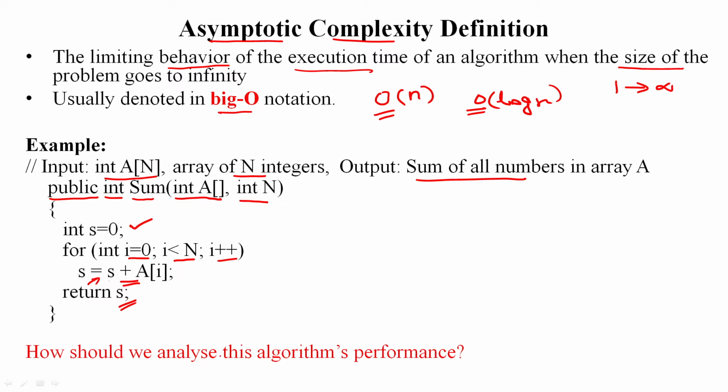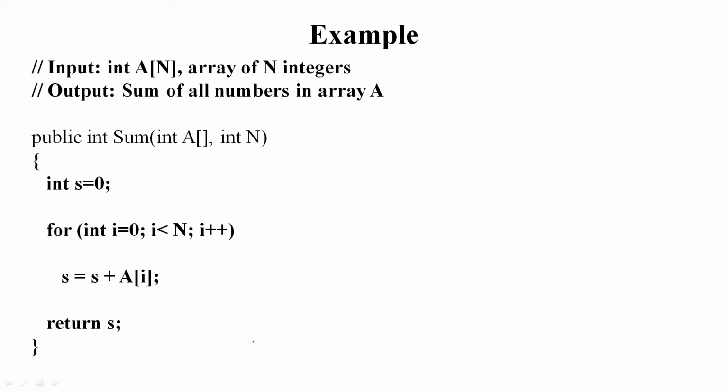Here, how should we analyze this algorithm's performance? Look here, this method starts the execution. The statement s equal to 0 is the first statement, which will be executed only once inside the block.